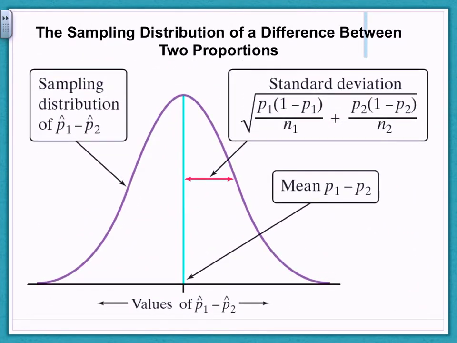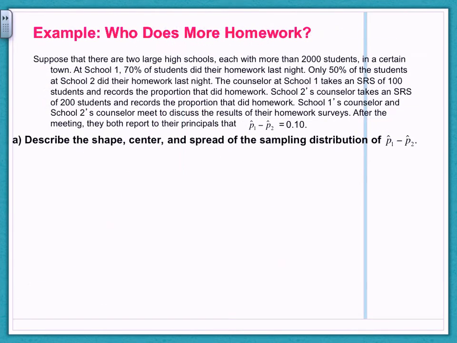This is a chart of the distribution showing what the past slide was explaining. You can see it's centered at the difference, and there's your standard deviation. Let's take a look at one quick example and be done with this video. Suppose there are two large high schools, each with more than 2,000 students in a certain town. At school 1, 70% of the students did their homework last night. Only 50% of the students at school 2 did their homework last night.